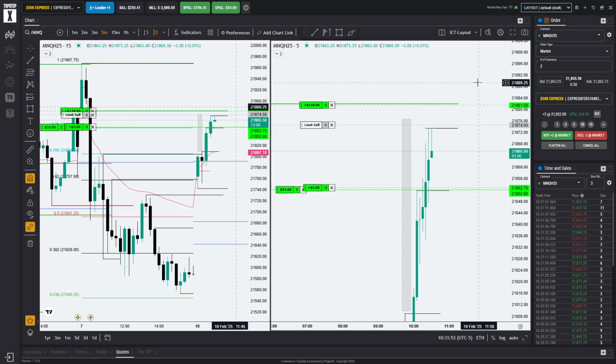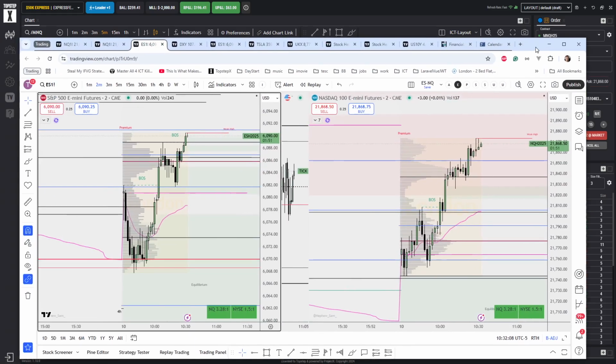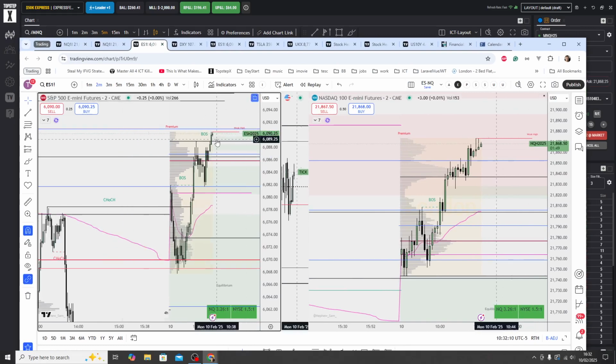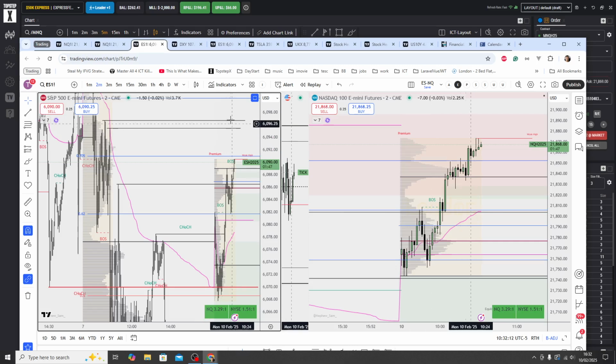Hmm. Everything depends on ES. Is ES going to extend the move higher? Looks like they're trying. ES has got liquidity here and there. They could push another 6 points.